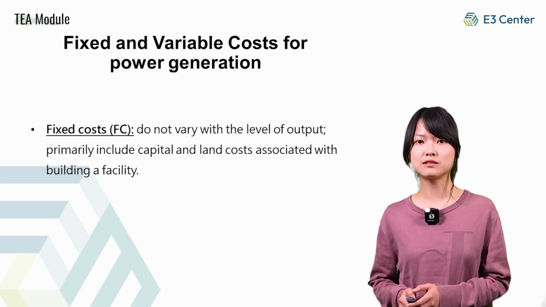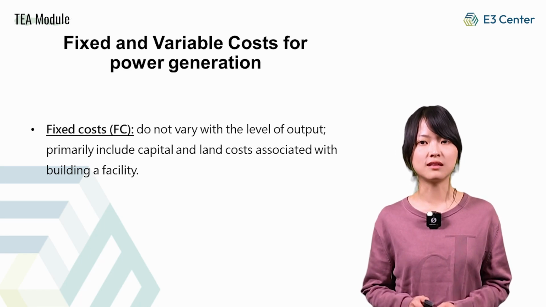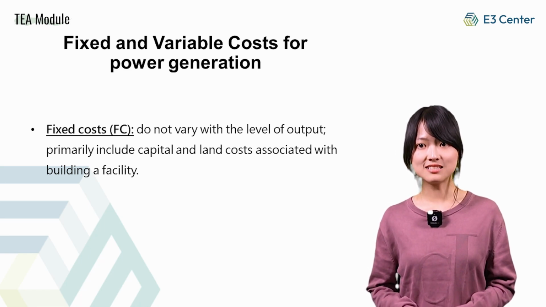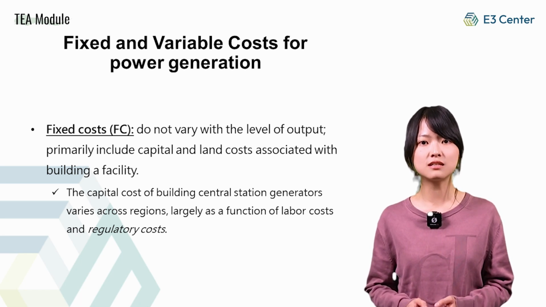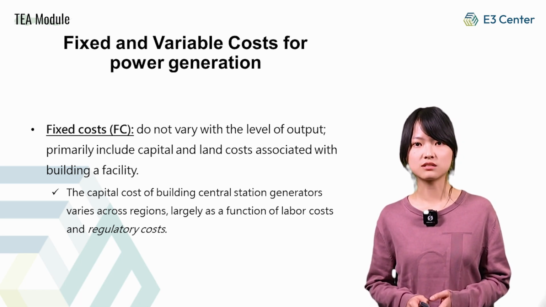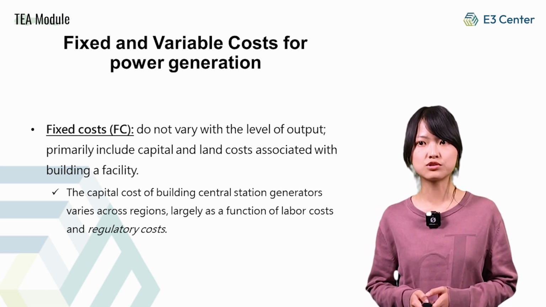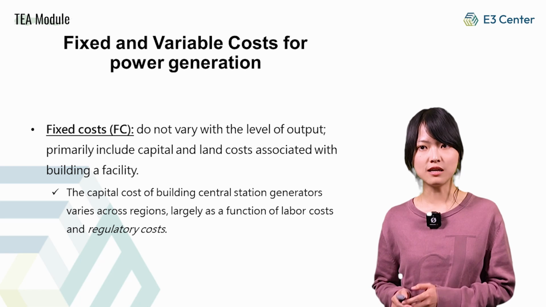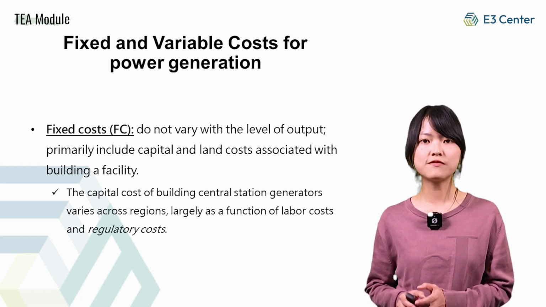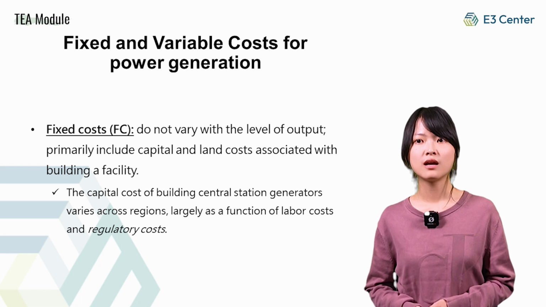First, let's talk about the fixed costs. These are expenses that do not vary with the level of output. These include the capital cost, like the expense of building the facility itself, and the land cost. In the context of transmission and distribution, these costs are primarily fixed, since the infrastructure costs do not fluctuate with the amount of electricity transmitted.